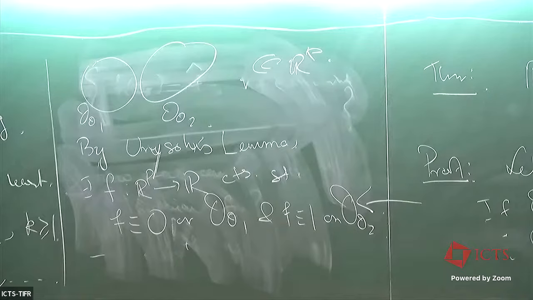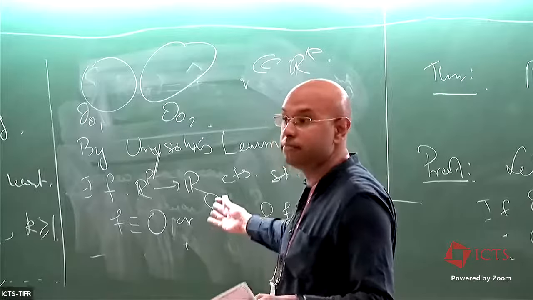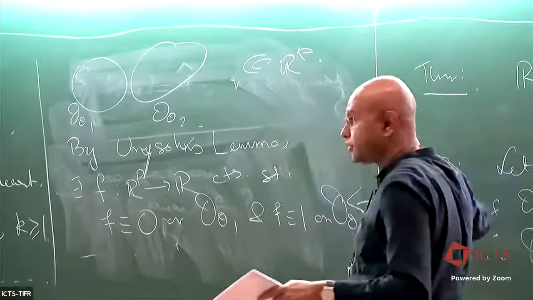Now, so far so good. We have distinguished these two orbits by a function, but this is merely a continuous function, which is a much larger class than polynomials.